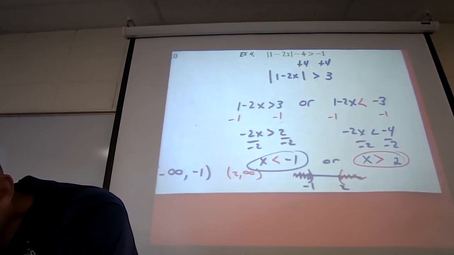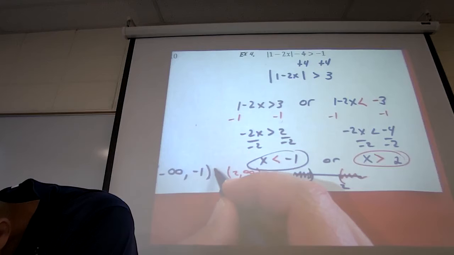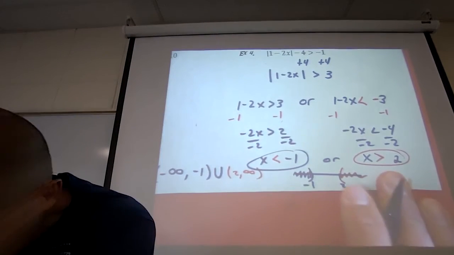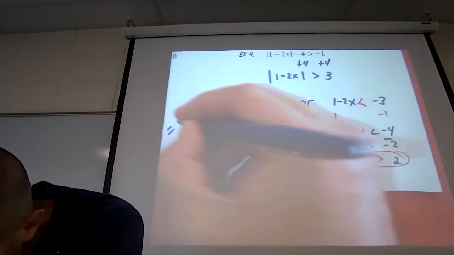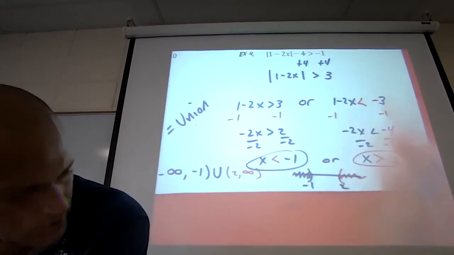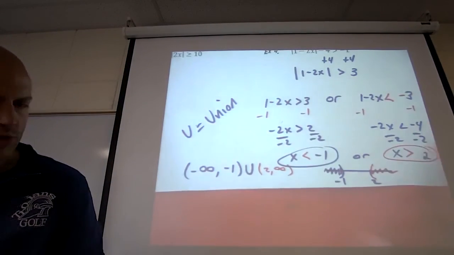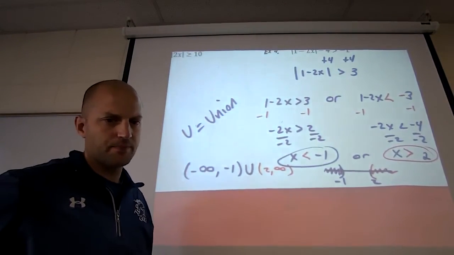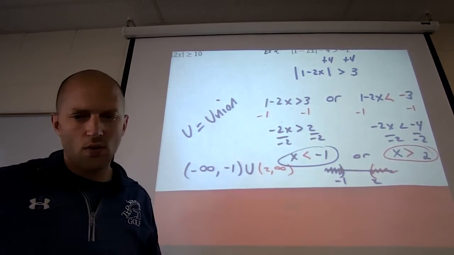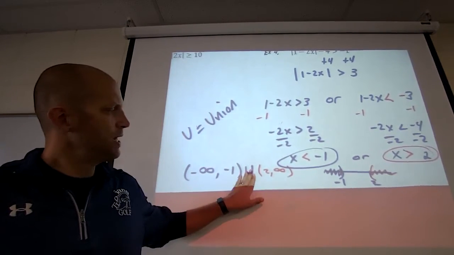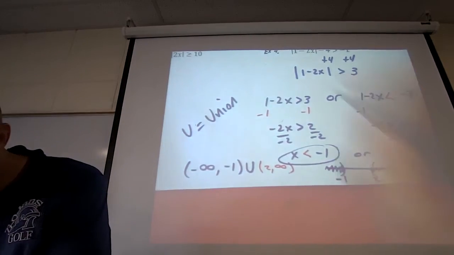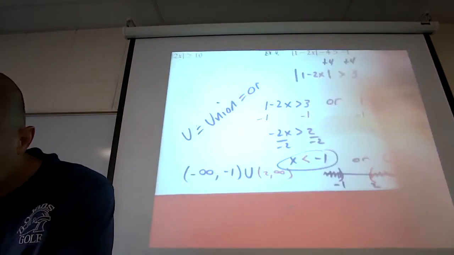Okay? Now, in between this, you're going to put the letter U, and U equals union. It's like a marriage. What's yours is mine. Either or. Okay? That's union. Union equals or.